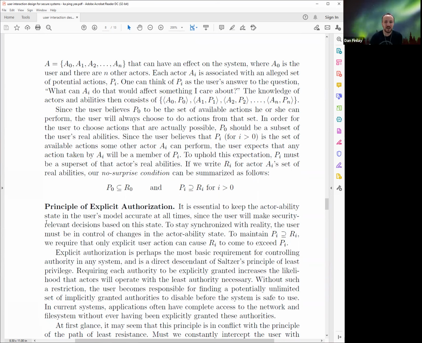Each actor is associated with an alleged set of potential actions, P for potential. One can think of P_i of that actor as the user's answer to the question, what can you do that would affect something that I care about? Or what can that actor do that would affect something I care about? The knowledge of actors and abilities then consists of a set of actors and their potential actions.